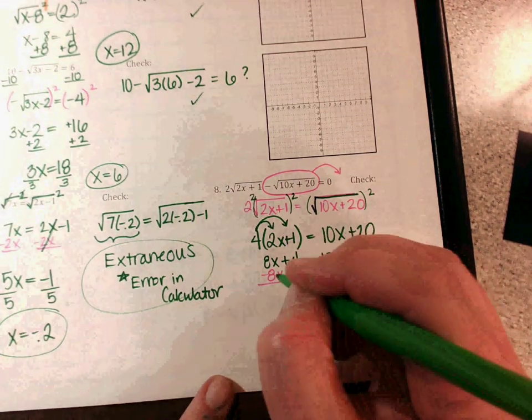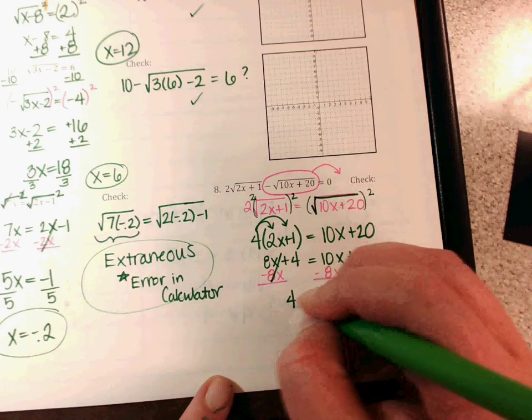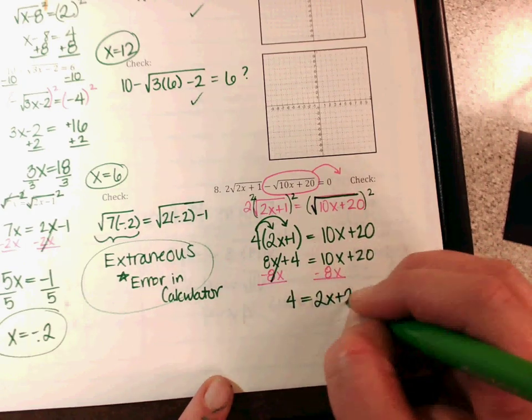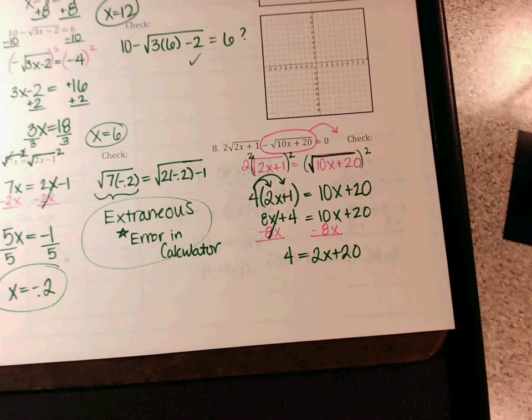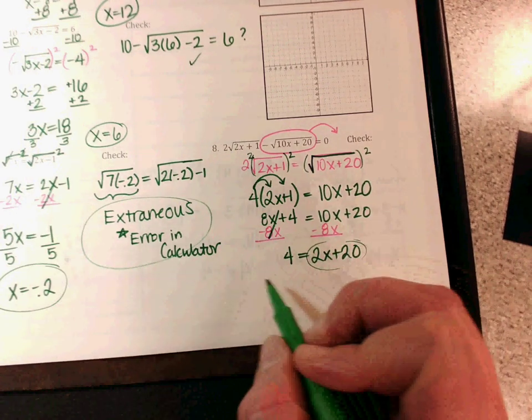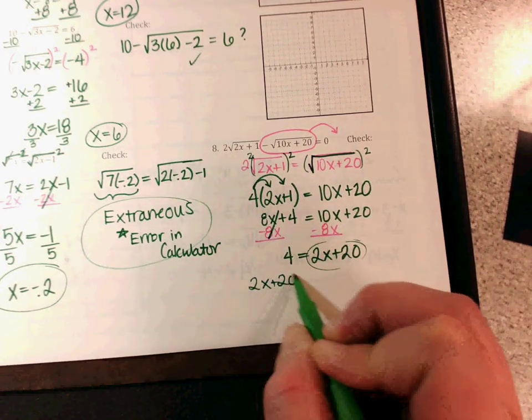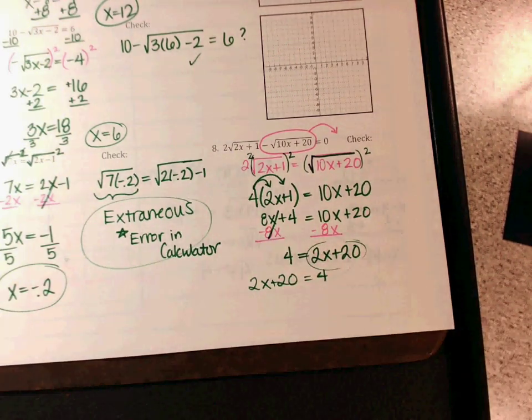Now, at this point, I have 4 equals 2x plus 20. I know that some of you don't care, but a lot of times I'll switch and put the x on the left. So you can leave it if you're fine with it, but I'm going to write this side first and the 4 second. Remember, you can switch sides to put x back on the left.